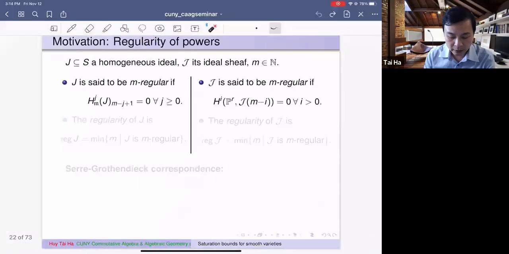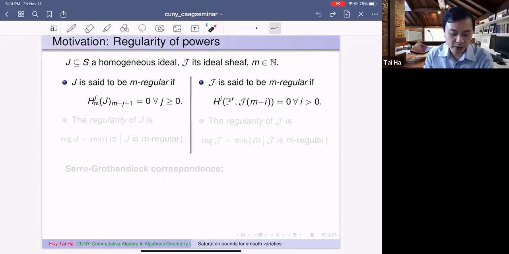Now regularity has been studied extensively by many authors over many years, and unfortunately there are two different notions of regularity existing in the literature that at times cause confusion.